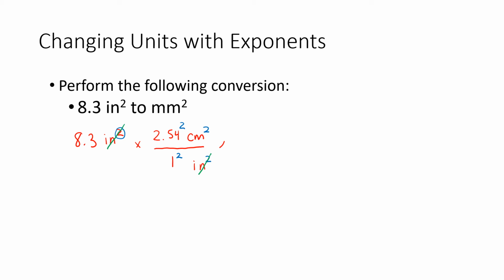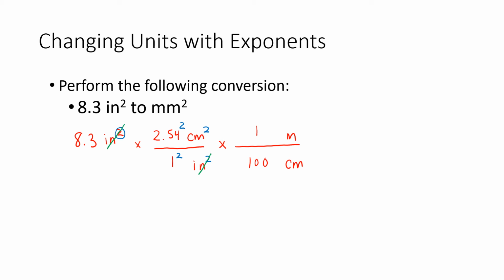We would now be in centimeters squared. We want to convert to millimeters squared. So we're going to have to put centimeters in the denominator, meters in the numerator. And what's our unit conversion here? There is 100 centimeters in 1 meter.